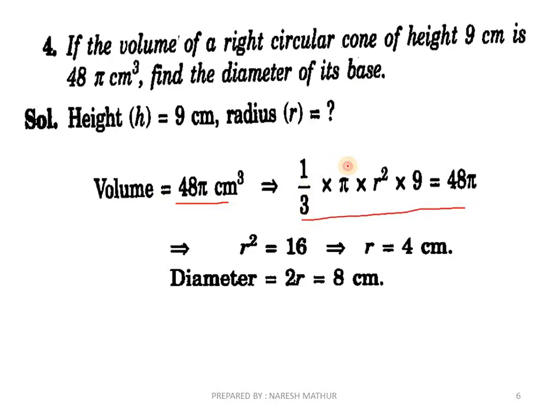So we can cut this pi by this pi, and 3 can be cut by this 3. So 48 by 3 is 16, so r square will be 16, so we get the radius as 4 centimeter. We require the diameter of its base, so it will be multiplied by 2, that is 8 centimeter. Alright.